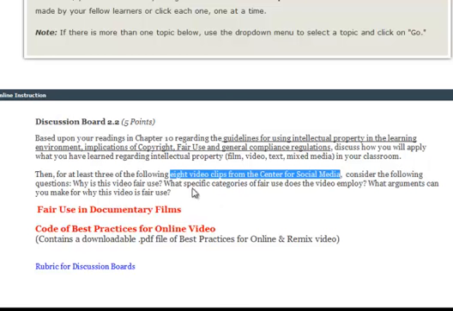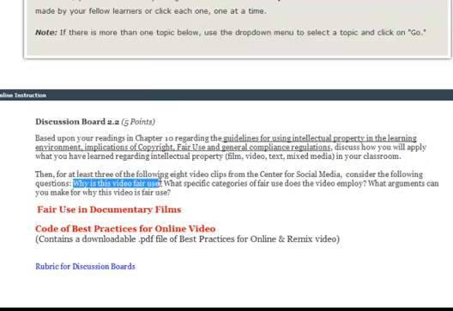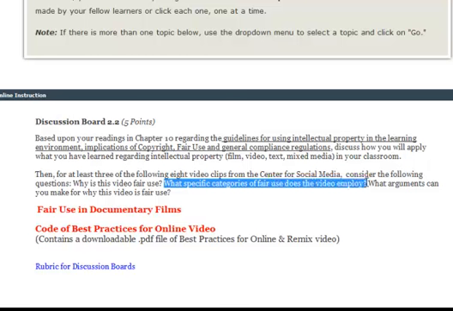And as the students look at these 8 video clips, they consider the following questions: why is this video fair use, based on the information they've learned in the rest of the chapter, what specific categories of fair use does the video employ, and what arguments can you make for why this video is fair use.